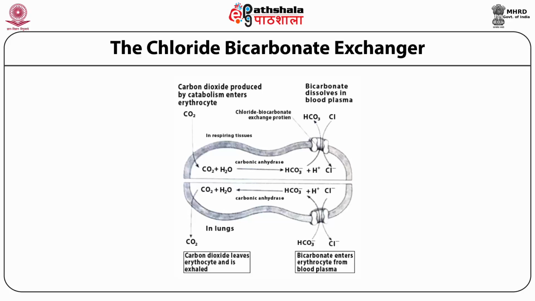The benefit for this arises from the fact that the bicarbonate anion is more soluble in blood plasma than carbon dioxide gas. In the lungs, bicarbonate anion re-enters into erythrocytes and is converted to carbon dioxide and released again to be expelled by lungs.